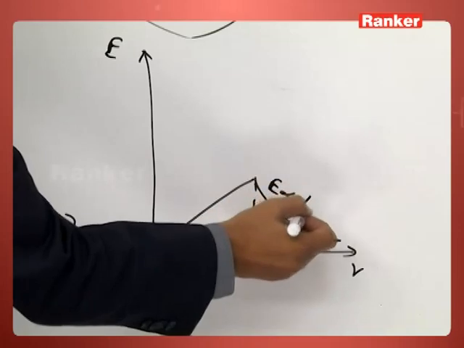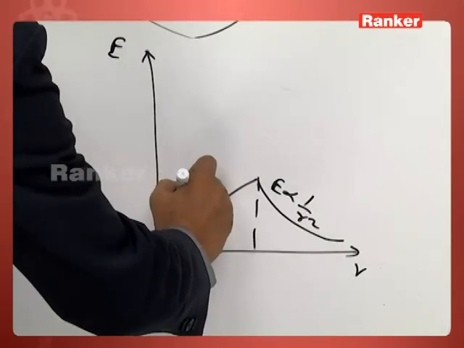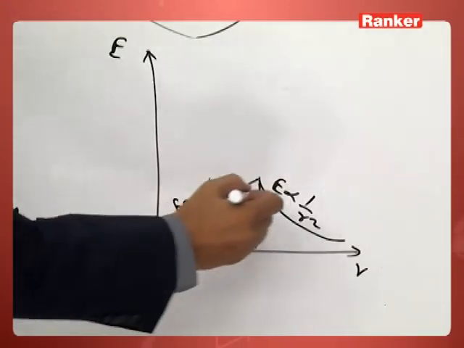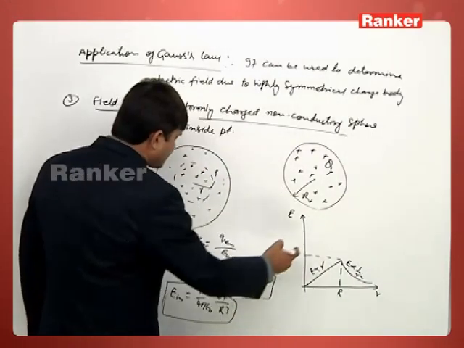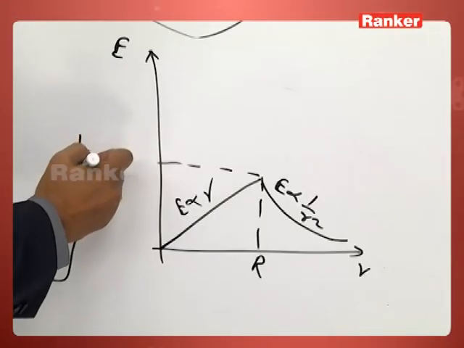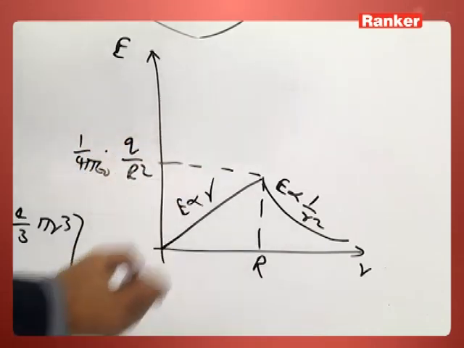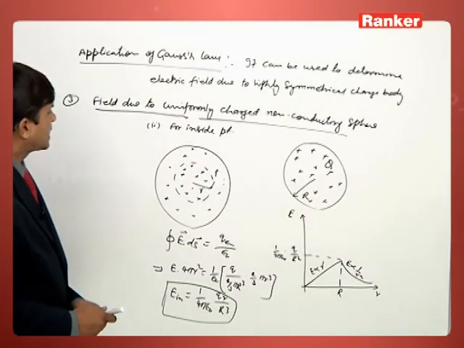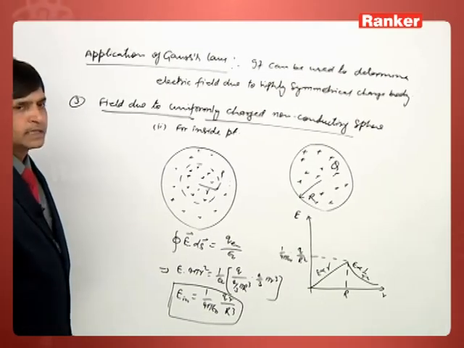E is proportional to 1 by r square outside, while here E is proportional to r, and this is the position capital R, and at this point it can be written as 1 by 4 pi epsilon naught q by R square. This is the electric field due to uniformly charged non-conducting sphere.